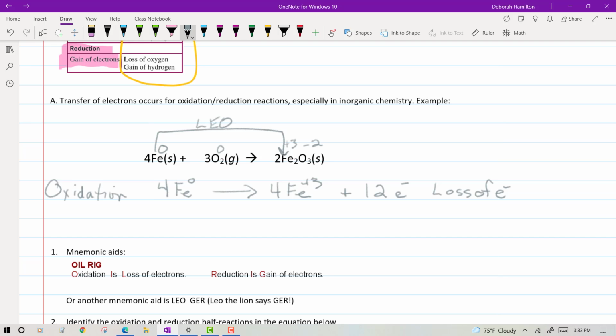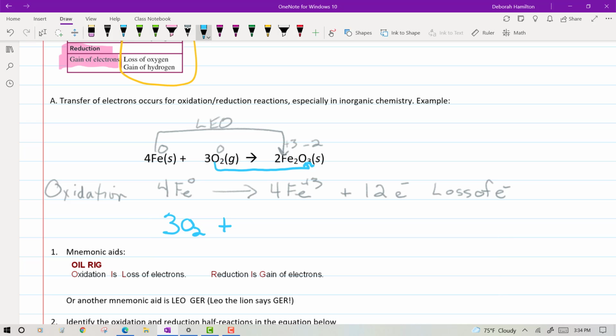All right, so let's see what happens to the oxygen. Let's do the oxygen with some blue lines. Oxygen goes from a 0 to a -2, and we have 3 of those. So we have 3 oxygens, and it's going to need to absorb those 12 electrons.